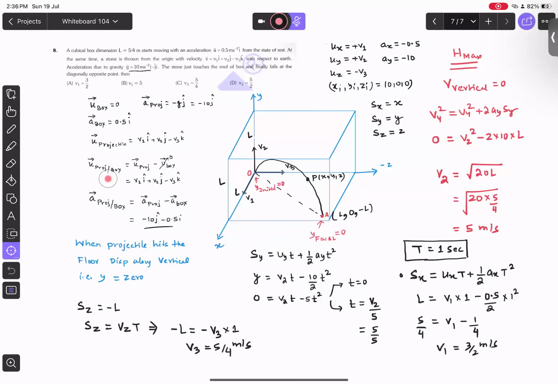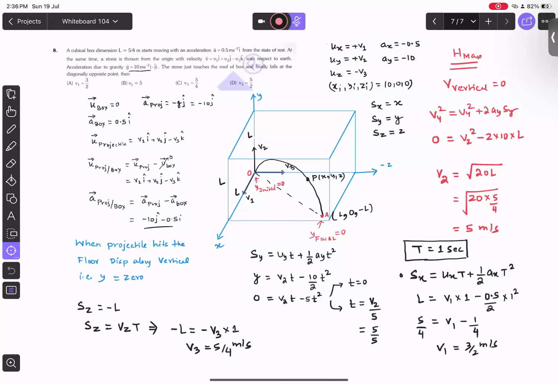I found the initial velocity of the projectile with respect to the box and the acceleration of the projectile with respect to the box. And it is thrown from this point, which is the origin in the box. So I know the initial position of the projectile with respect to the box. I know the initial velocity of the projectile with respect to the box, and the acceleration of the projectile from the box, which are constant.